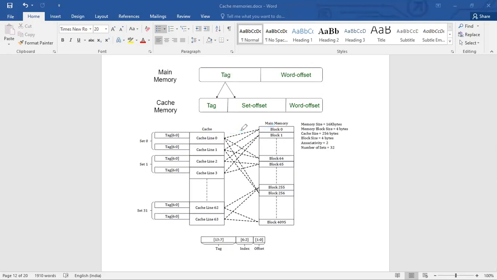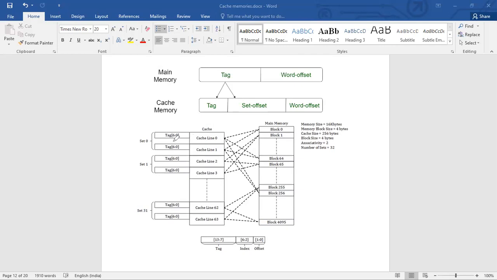In set association it is the same, but in this case, two lines become one set like this. So there are 64 cache lines and 32 sets: 64 lines, 32 sets.